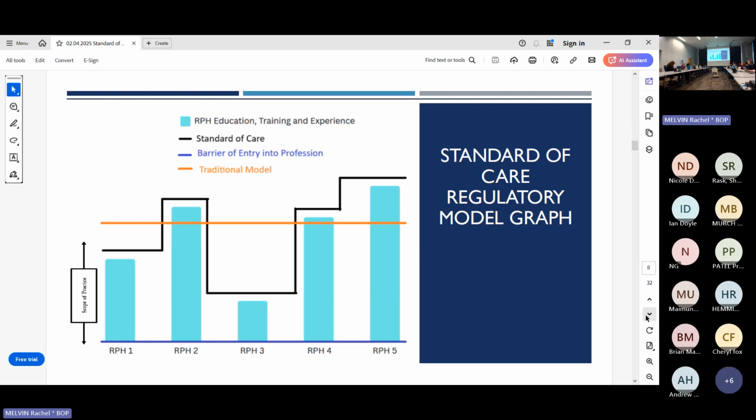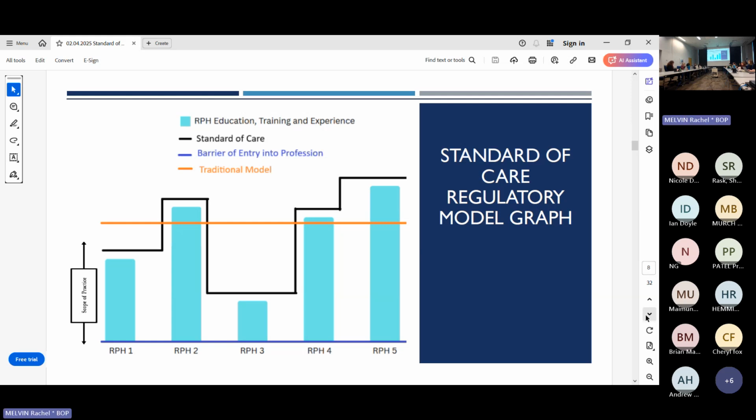Also, this standard of care graph really focuses a lot on the top end and what people do in a progressive way to provide patient care that may not be supported by traditional regulatory means or approach.